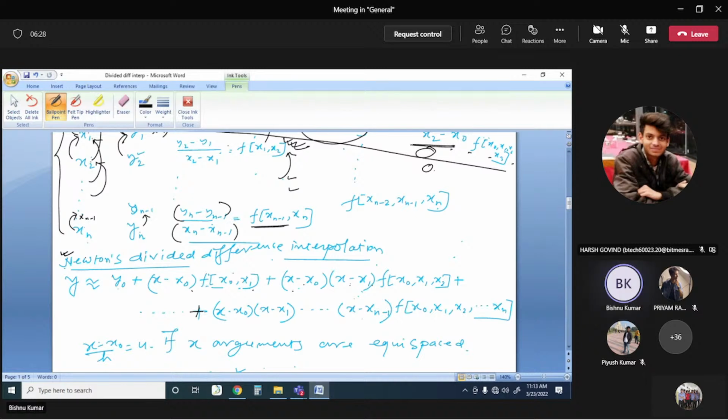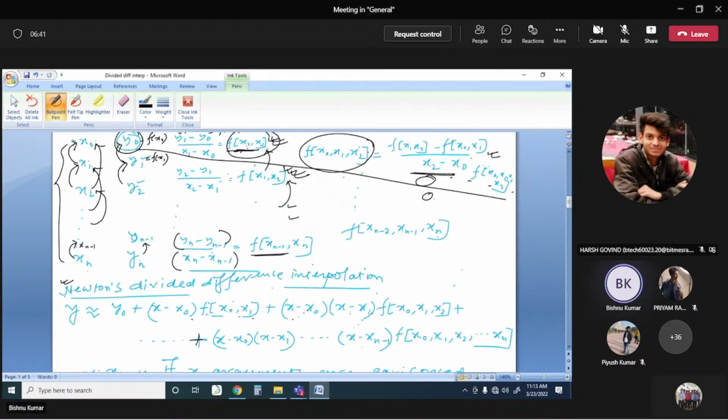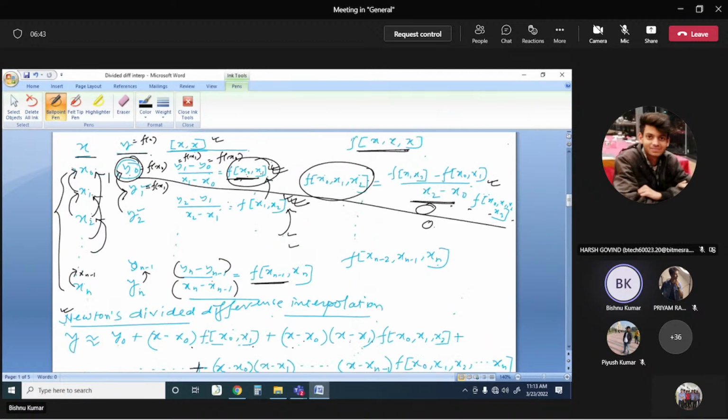I think you are aware of this, and if you still are not able to understand, then you can ask. Suppose the upper diagonal elements: the first element is y0, then f of x0 x1, then f of x0 x1 x2, next f of x0 x1 x2 x3, next f of x0 x1 x2 x3 x4.